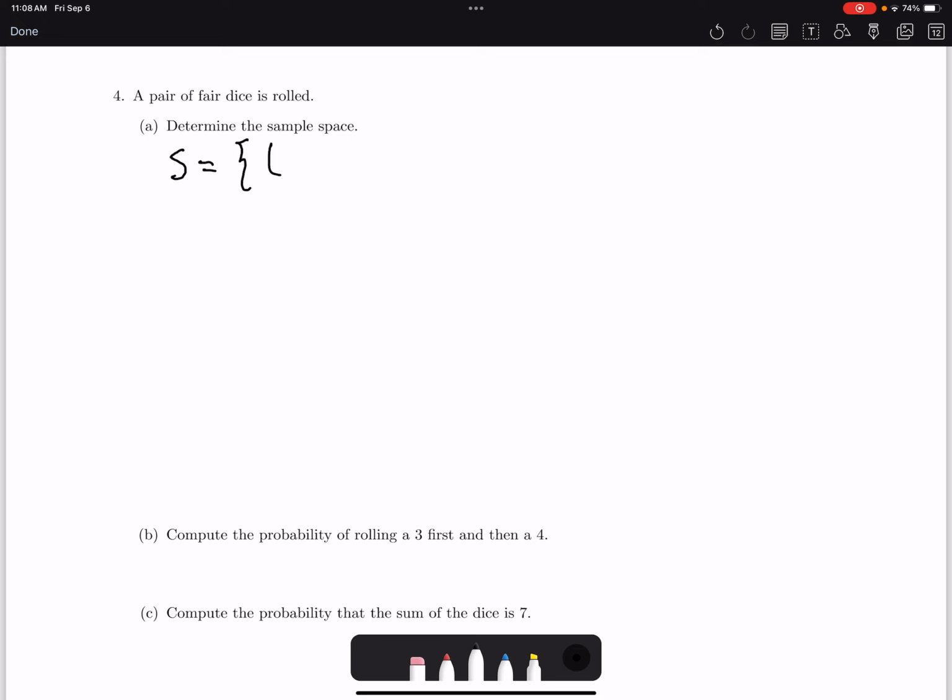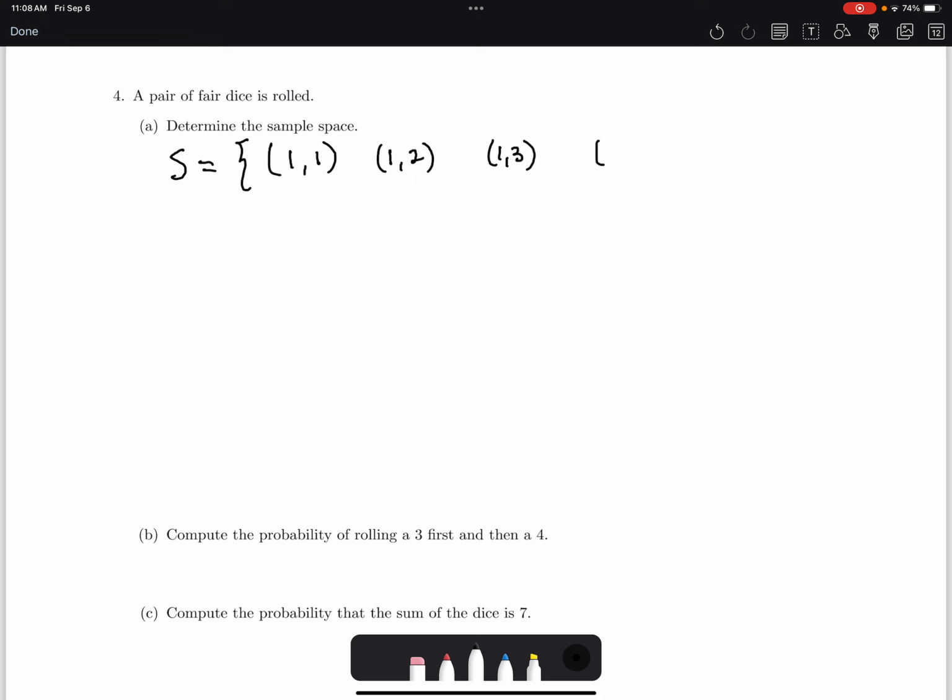So one possibility is that you roll a 1 on the first die and a 1 on the second die, right? So that's one possible outcome. Another possible outcome would be rolling a 1 on the first die and then a 2 on the second die. It's also possible that you roll a 1 and a 3.